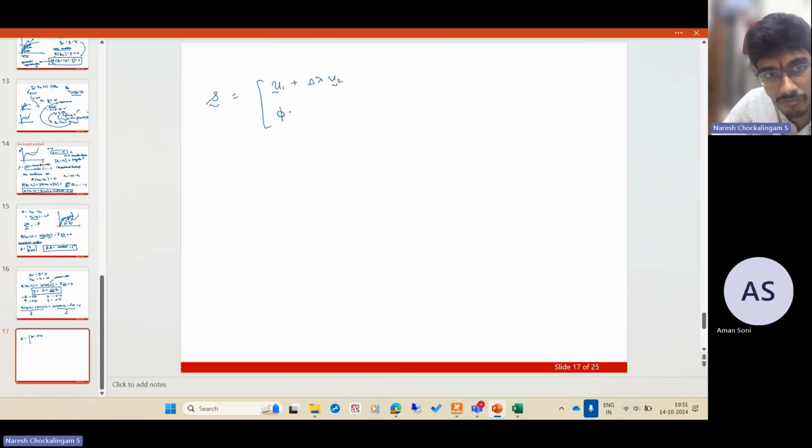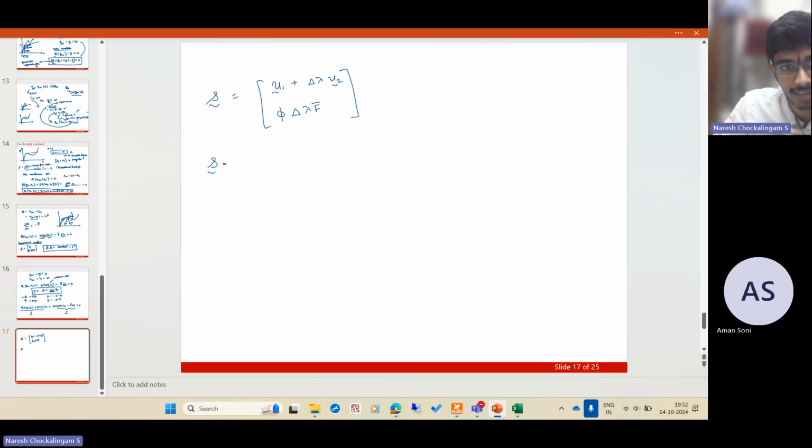And here we had some phi delta lambda F bar. So what are all unknown in S? U1 is known, U2 is known, F bar is known, phi is known, only delta lambda is unknown. And it's a quadratic, so solve for delta lambda.